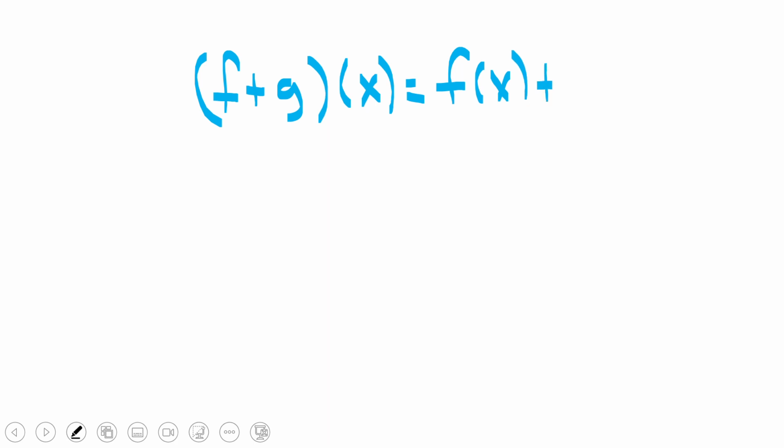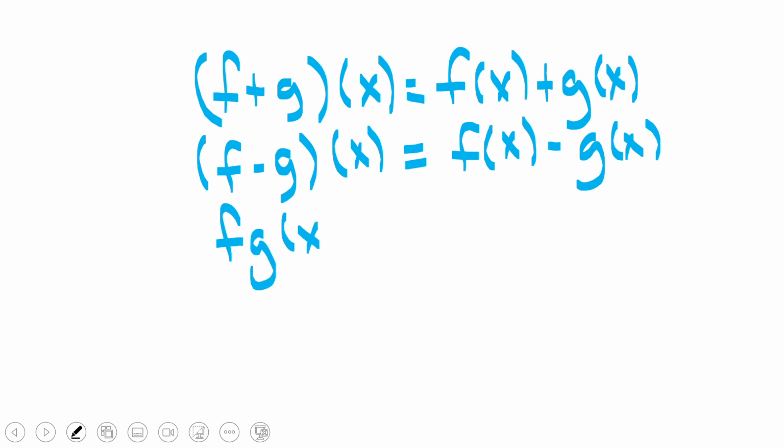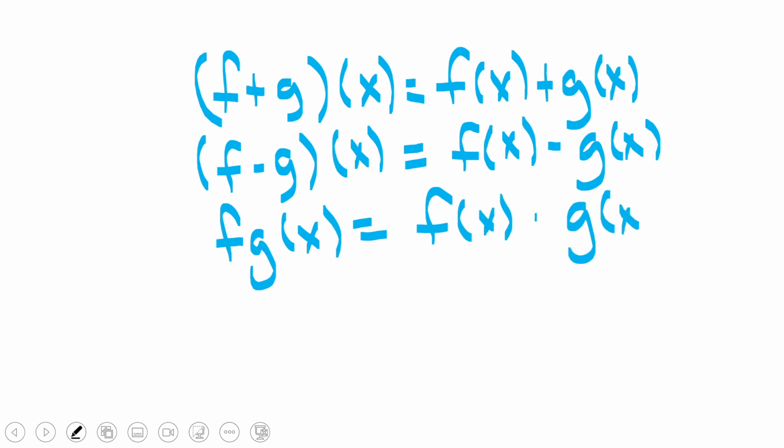For instance, f plus g of x is equal to f of x plus g of x, as given. In the same way, f minus g of x equals f of x minus g of x, as given. f times g of x is equal to f of x times g of x, as given.